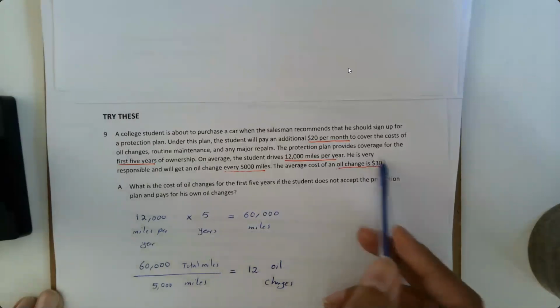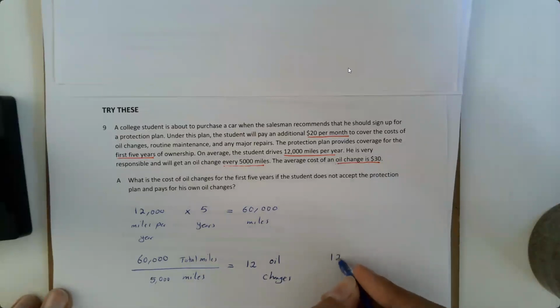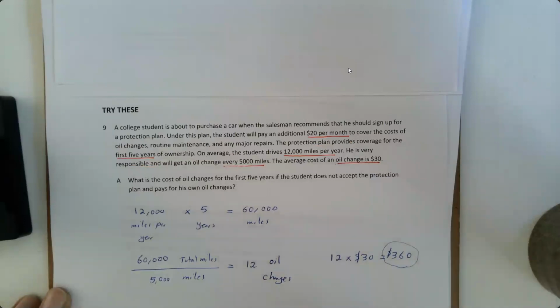Each oil change costs $30, so 12 oil changes times $30 is $360 for 5 years. So the student needs to pay $360 in 5 years for oil changes.